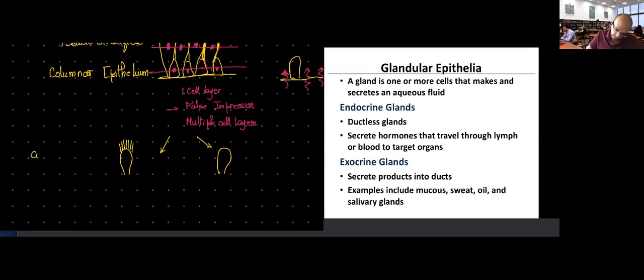We classified this as a ciliated simple or pseudo-stratified columnar epithelium.